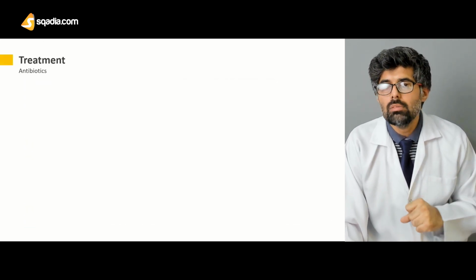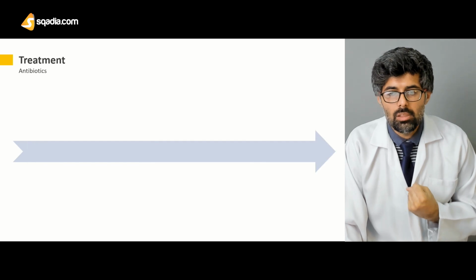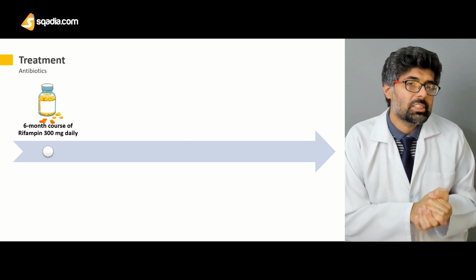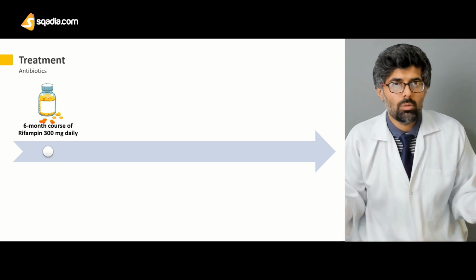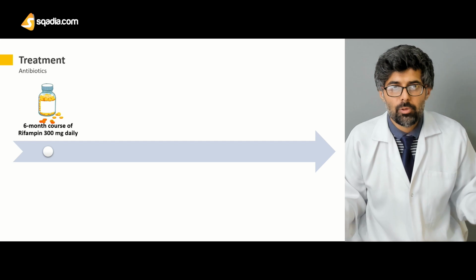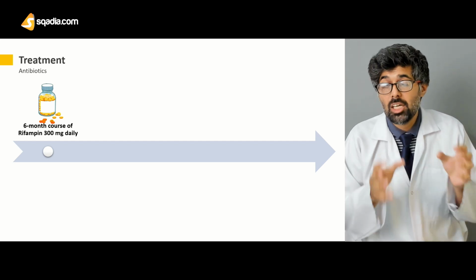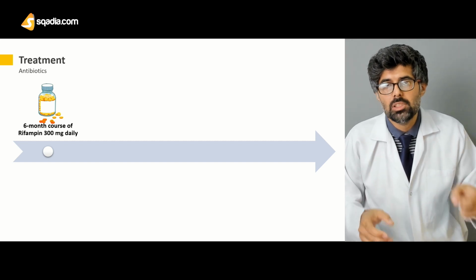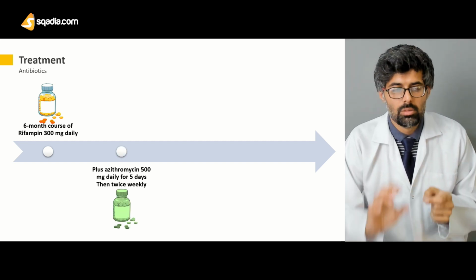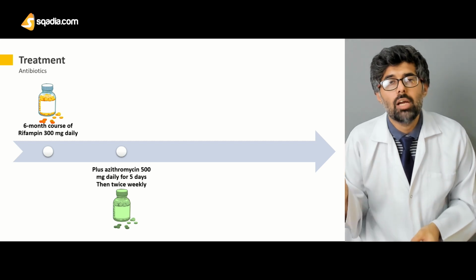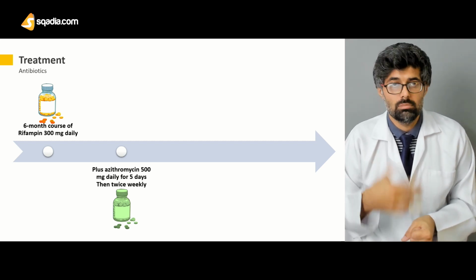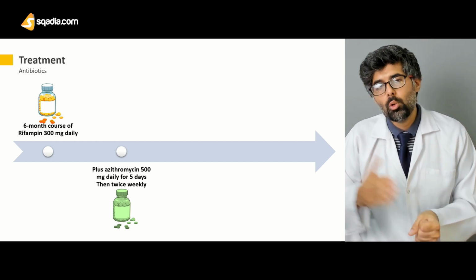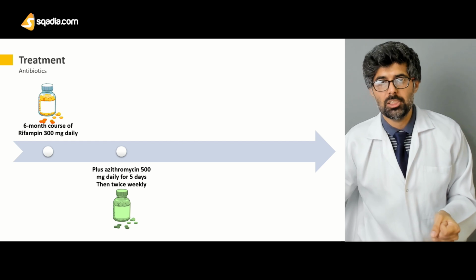Now, for the antibiotic treatment, the course is given as one of two choices. The first choice is a 6-month course of rifampicin 300 milligrams daily along with azithromycin 500 milligrams once daily for 5 days and then twice weekly for the rest of the 6 months.